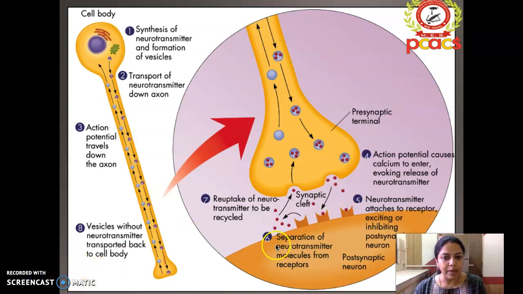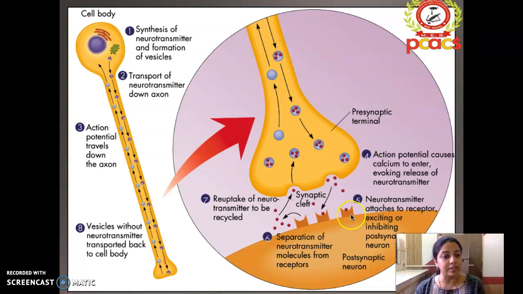This postsynaptic membrane contains many different receptors. These receptors are specific for the neurotransmitters that are being released by the synaptic vesicles into the synaptic cleft. These neurotransmitters bind to these receptors at the postsynaptic neuron, and then whatever action is going to be there is carried out.